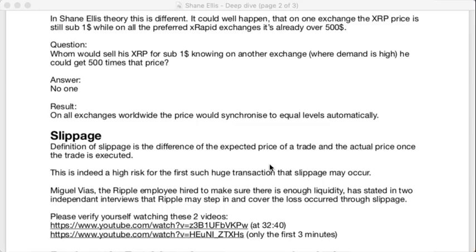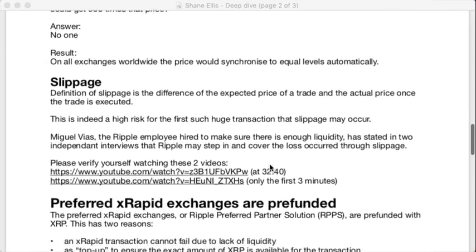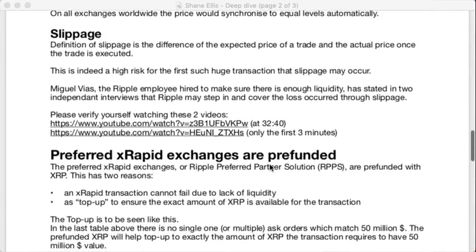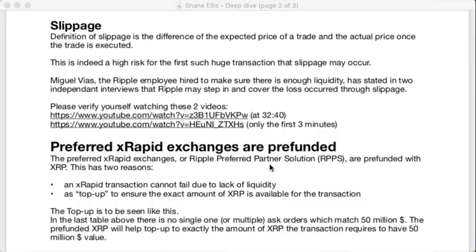Simple answer: no one would. The result would be, on all exchanges worldwide, the price would synchronize to equal levels automatically, more or less. So this argument is basically a non-argument.